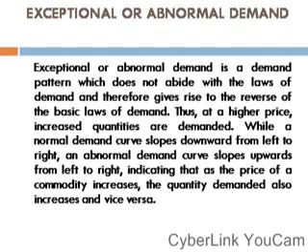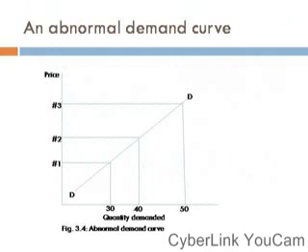So in summary, an abnormal demand is a situation whereby as the price of a commodity increases, the quantity demanded also increases. And I told you just the opposite, the first case of what? Of a normal demand curve. A normal demand curve slopes downward from left to right, while an abnormal demand curve slopes upward from left to right, indicating the fact that as price increases, the quantity demanded also increases.